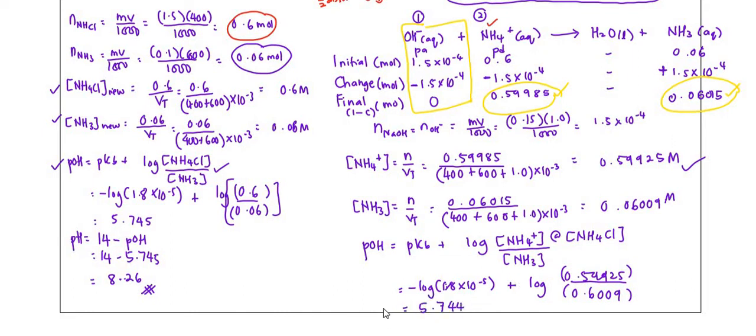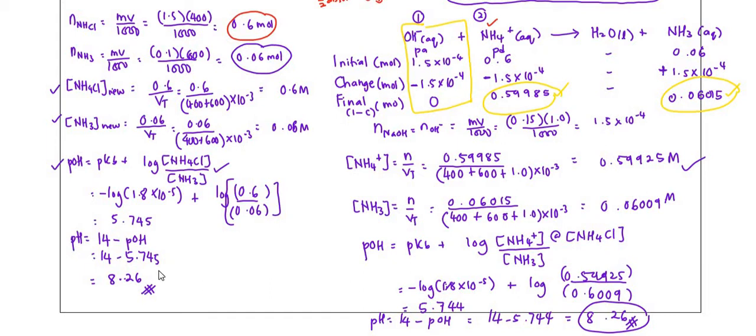Since the question asks you about pH, that means 14 tolak pOH, 14 tolak 5.744 will become 8.26. This is pH buffer after you added small amount of base.